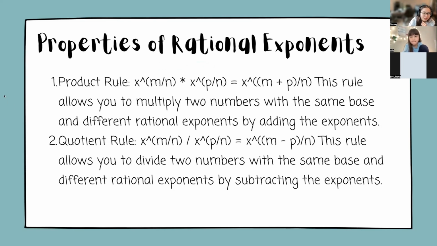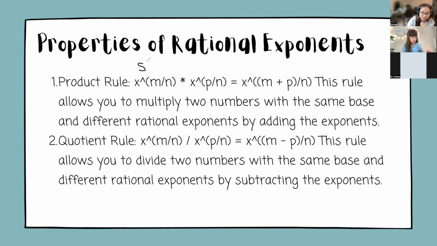Okay. So now moving on, there is the quotient rule. And this is pretty much the opposite. If you have an exponent divided by an exponent, then it would be that exponent minus the other exponent. It would be the exact same concept.